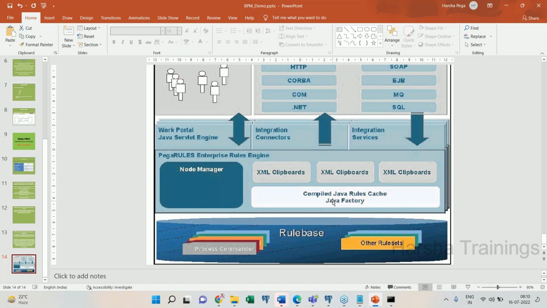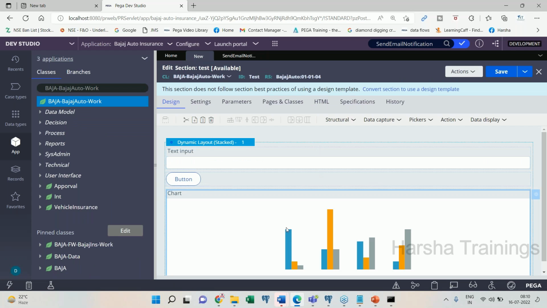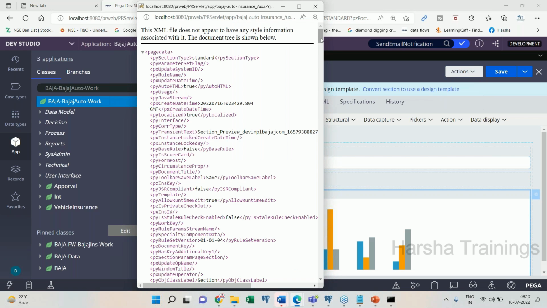So PRPC requires a Java compiler because the internal coding that gets generated is Java coding, and it has XML clipboards. What is meant by XML clipboard? Let me tell you. The UI form which you see here, at the time of processing by this tool, internally the tool is going to convert into XML coding.